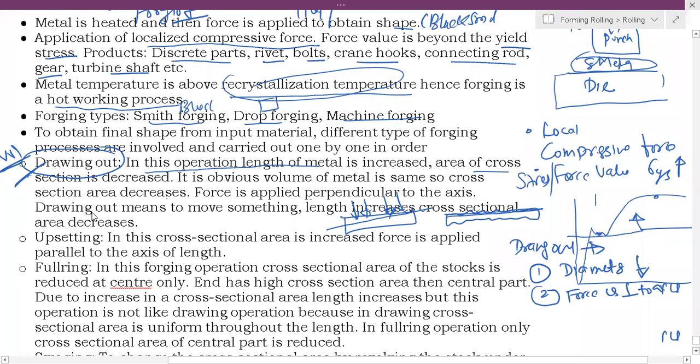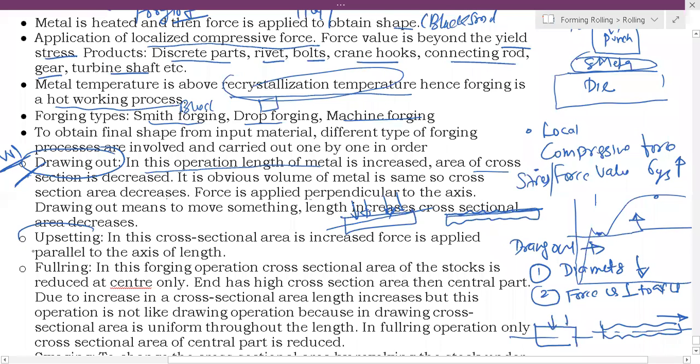Here you have metal and you are applying force perpendicular to the axis, and finally it takes this shape. So diameter is reduced. Basically you are pulling something. Drawing means to pull: length increased, diameter decreased.